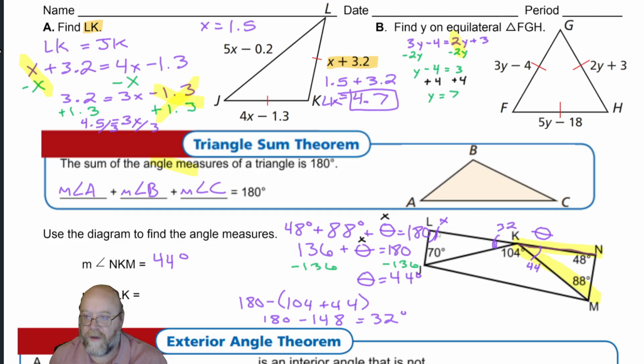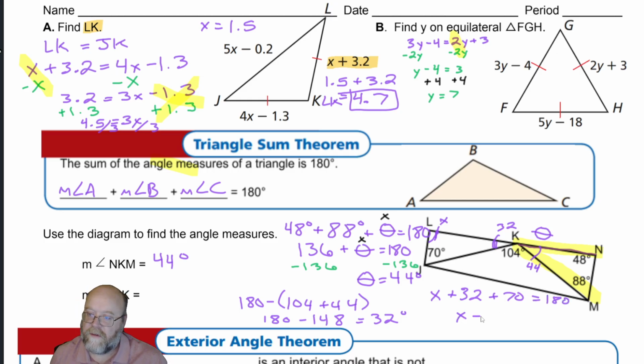Okay, now I can find my X over here. It's pretty much the same thing. This is this, if you couldn't tell. Let's do it the same way. Okay, so we're going to do our triangle sum theorem. One angle, I'm going to do the X as the first one, plus the other two angles, plus the 32, plus the 70. It's all going to equal 180 degrees.